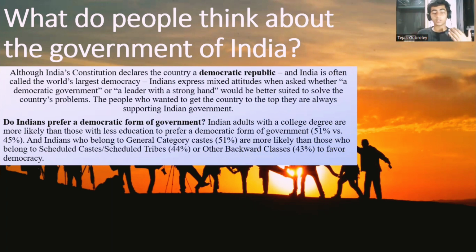Because of the different parties that are divided in India. People only want the good for India; they want jobs, they want everything, and they only support those parties. They are kind of selfish, though it's not a bad thing.